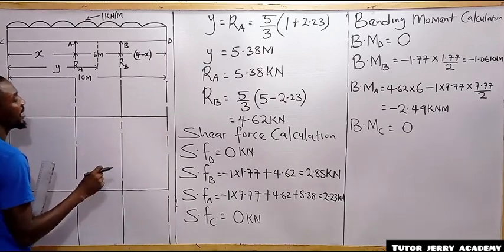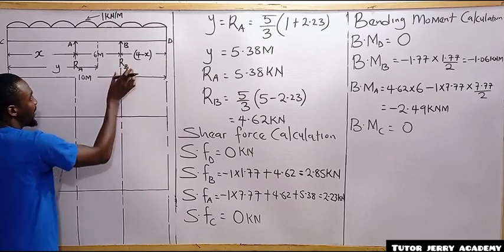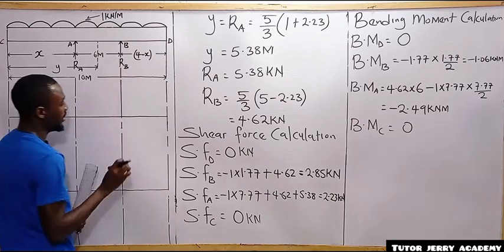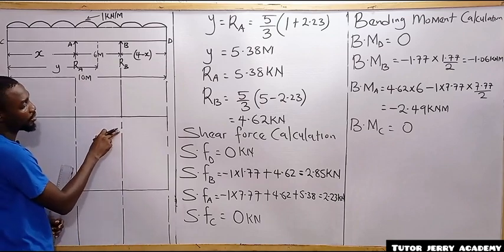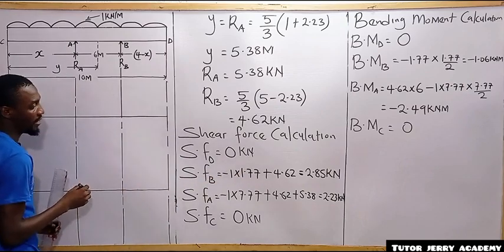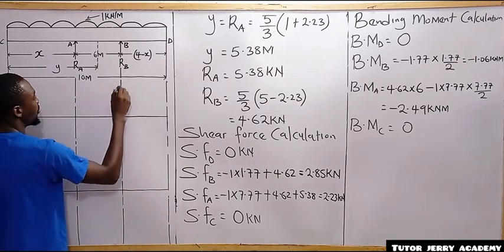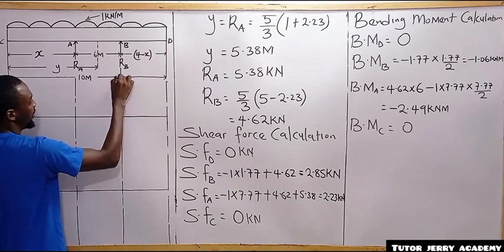And again at point B, by the time we now add the effect of the reaction at B, it makes the shear force change from negative 1.7 to 2.85. So let's take this point as our 2.85.